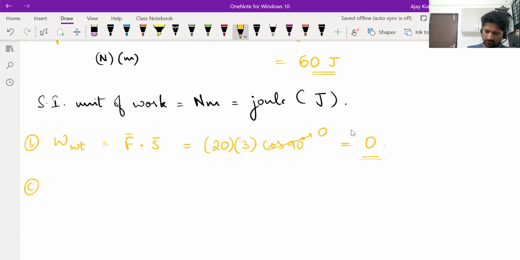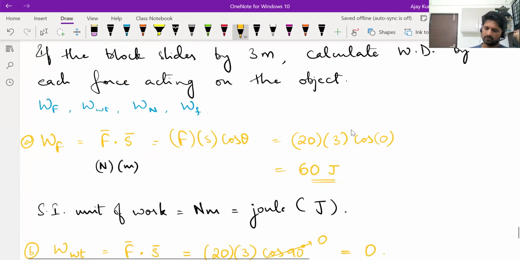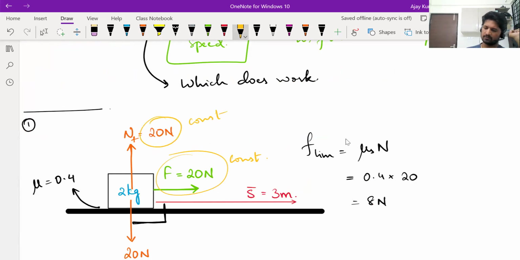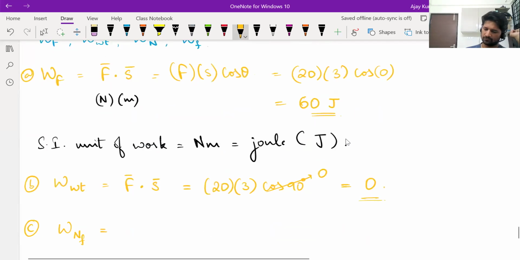Next, work done by the normal force. Now, as the surface remains horizontal, normal force will always have to balance weight. The normal force will always be 20 and it will be constant. So we can again use the same formula for work done by normal force as well. It's 20. Displacement of the block is 3 meters.